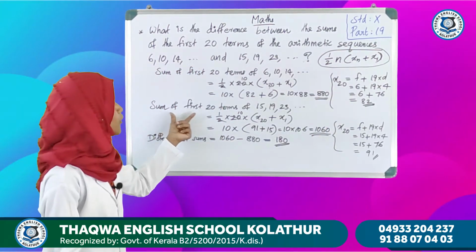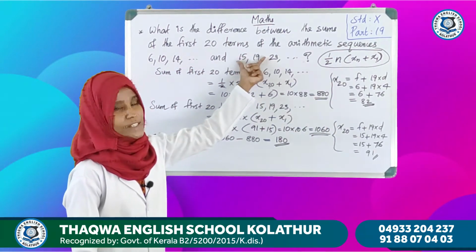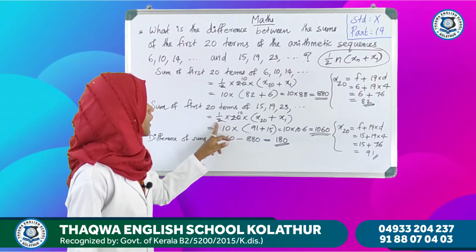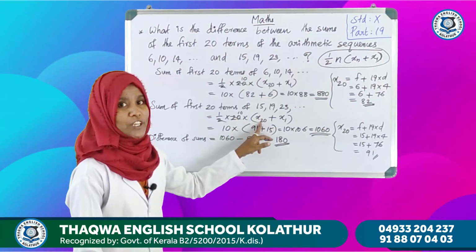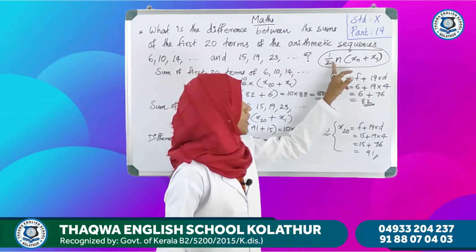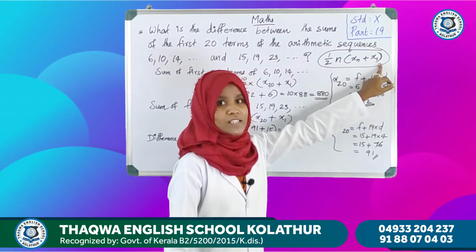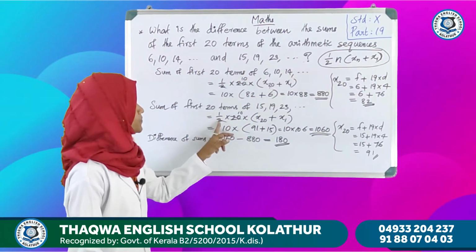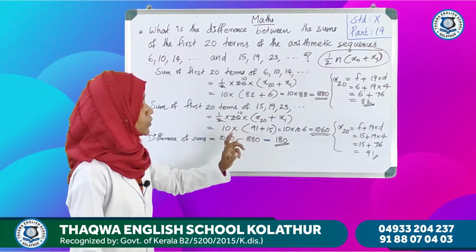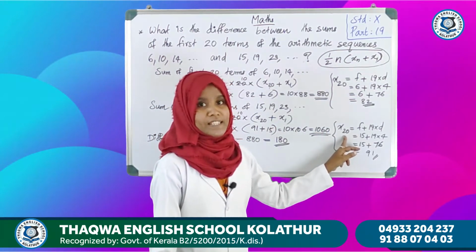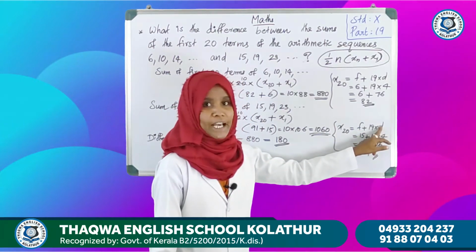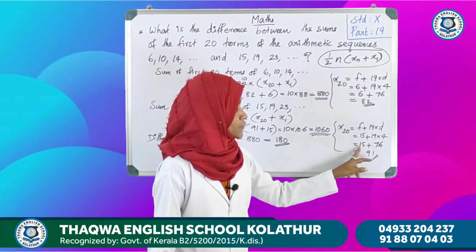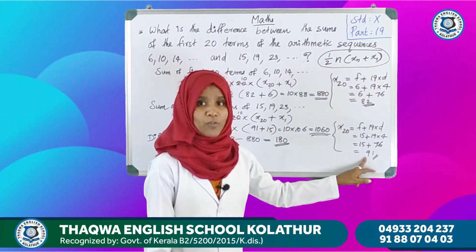The next one, the sum of the first 20 terms of our second sequence 15, 19, 23, etc. That is half into 20 into (x20 plus x1), the sum of the first n terms of any arithmetic sequence. Now 2 and 20 cancel, that is 10 into the 20th term of the second sequence. What is this? First term plus 19 times the common difference. So 15 plus 19 into 4, that is 15 plus 76, 91.